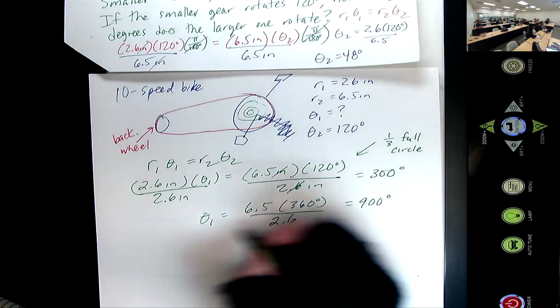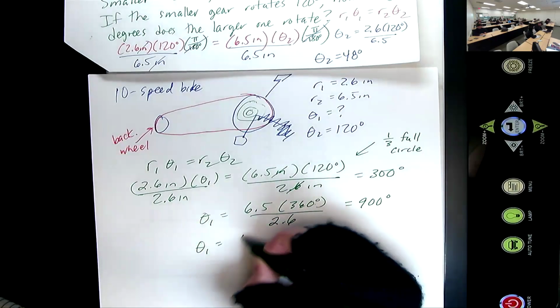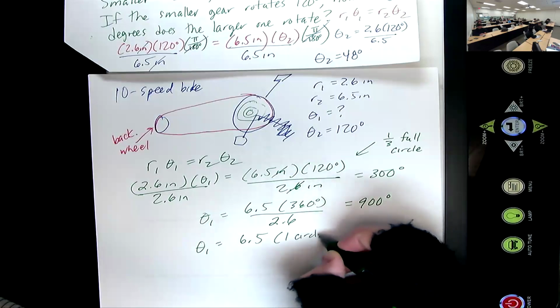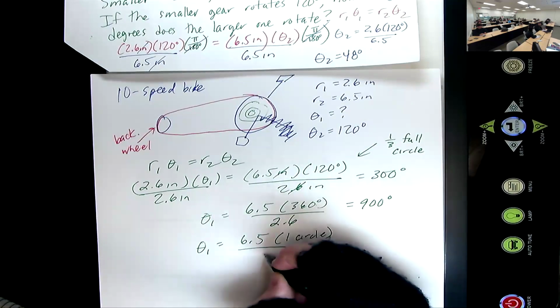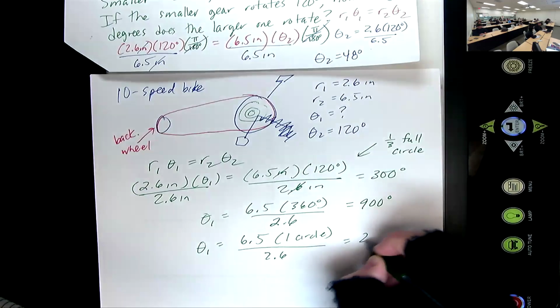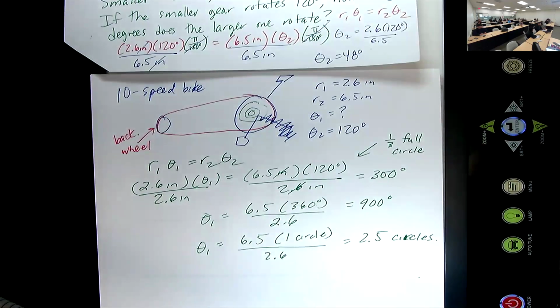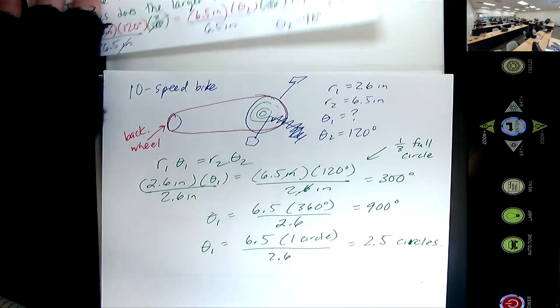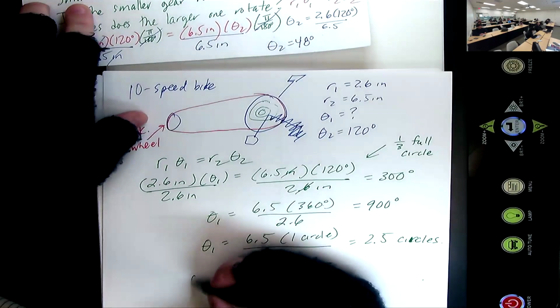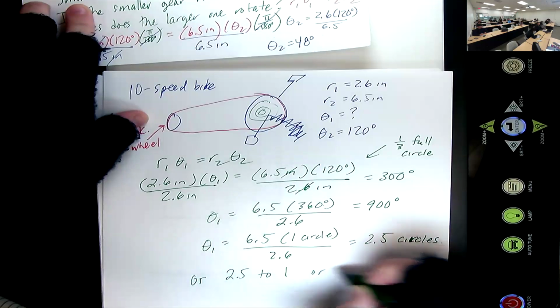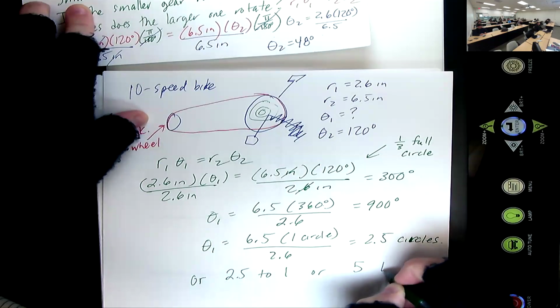It's a little bit easier instead of saying 360 degrees, saying one circle. 2.6, and then you'll see this is 2.5 circles. So the ratio we had here was 2.5 to 1, or the equivalent would be 5 to 2.